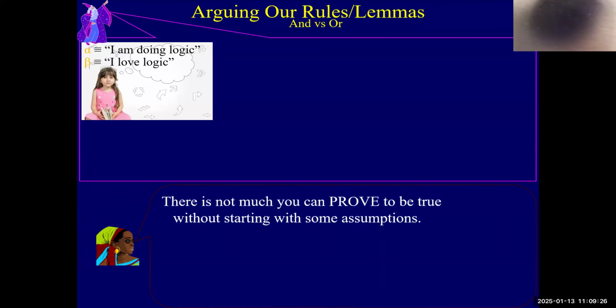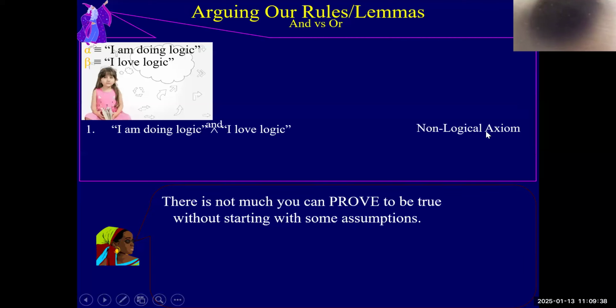So this says what I said before. There's very little you can prove until you have axioms. You need to start with assumptions. So let's start with this non-logical axiom, because it's not true in every universe. But in the universes we care about, I'm going to say it's an axiom that I'm doing logic and I love it, right?